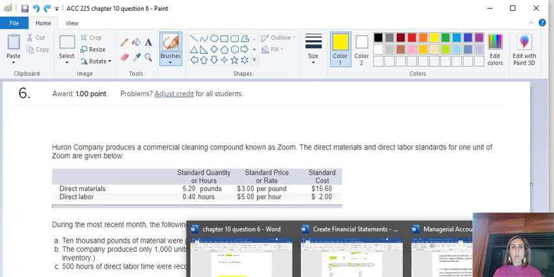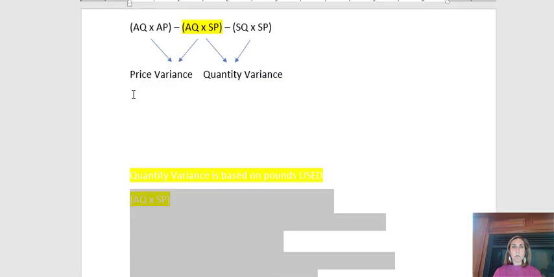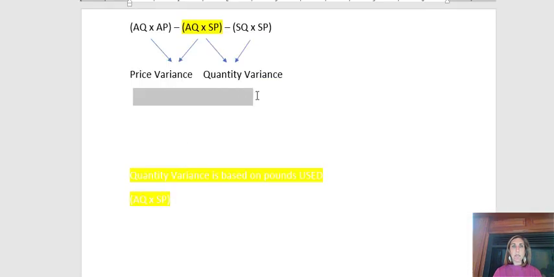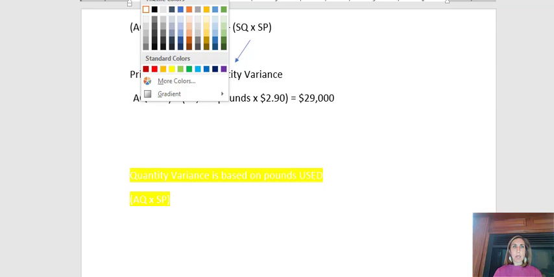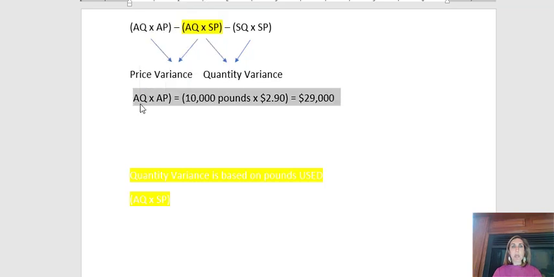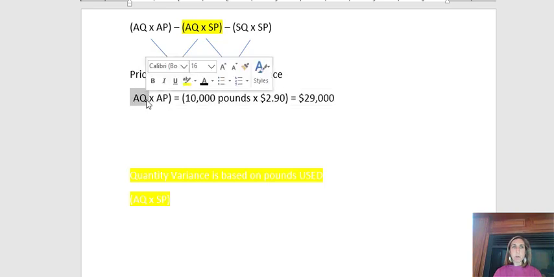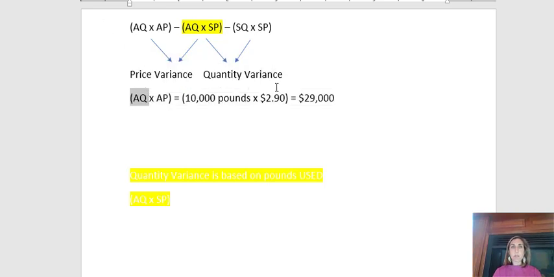That is my actual price. So I would put that in for the AP and the AQ in my formula to calculate the total paid. Mine said 10,000 multiplied by the actual price of $2.90 per pound. Total paid $29,000.